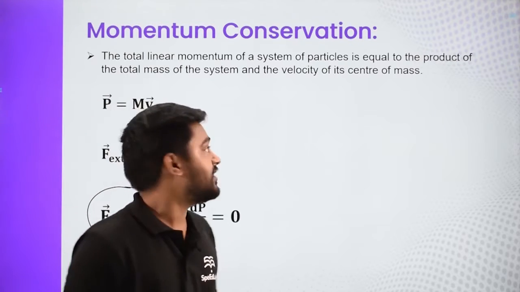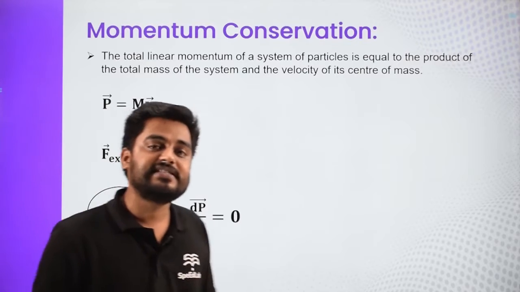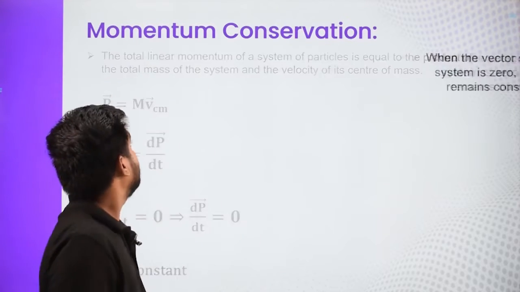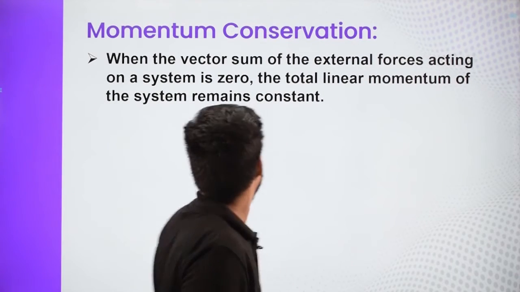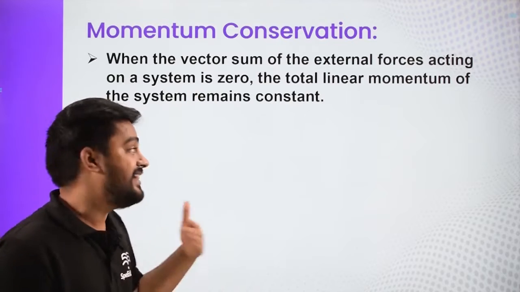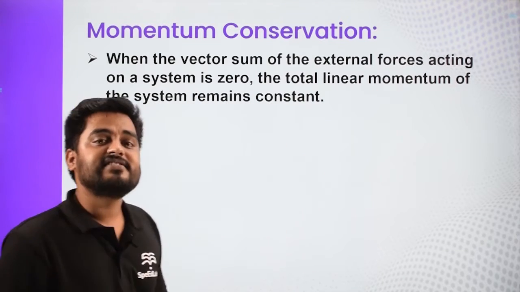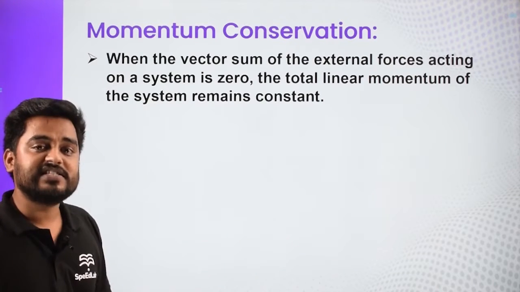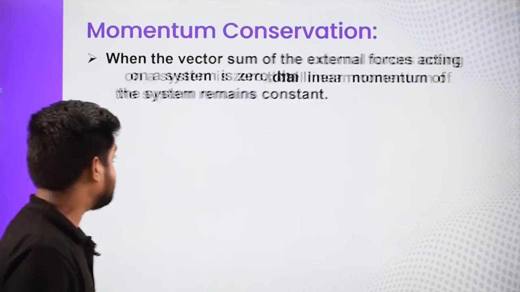So our linear momentum of the system will remain a constant, and that is called the momentum conservation. When the vector sum of external forces acting on the system is 0, that is net F is 0, the total linear momentum of the system remains a constant, and this is the principle of momentum conservation. So this is the statement of linear momentum conservation.